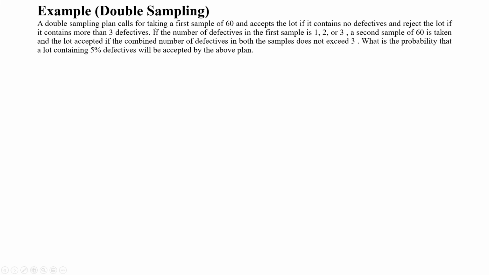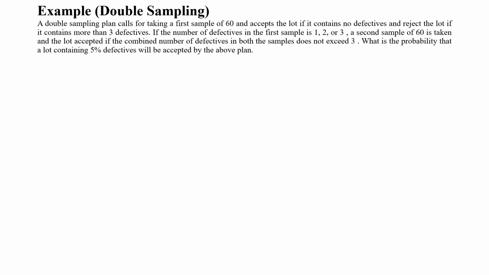A double sampling plan calls for taking a first sample of 60 and accepting the lot if it contains no defectives. So from a big lot, they will take 60 units, which is the sample size, and they will accept the lot if there is no defective. If all 60 are non-defective, we will accept it, and reject the lot if it contains more than 3 defectives. So they accept at the first instance if there are no defectives.